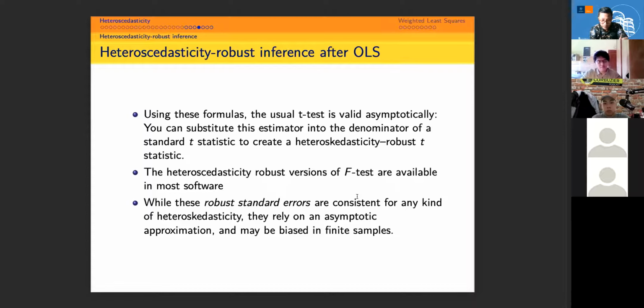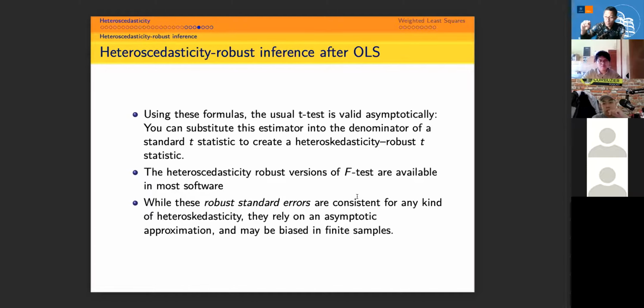by using the formula, the t-test is valid asymptotically. So what does it mean for a t-test to be valid asymptotically? It's valid given large sample. Now we can use this estimator in the denominator of a standard t statistic.